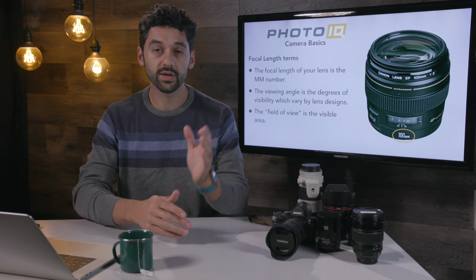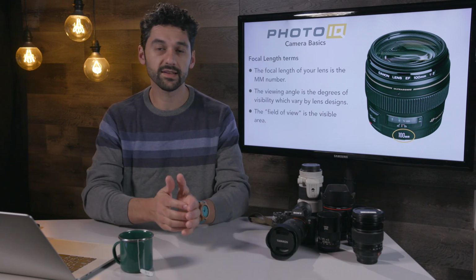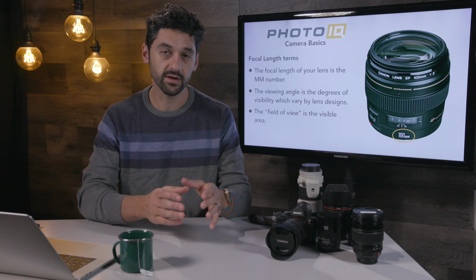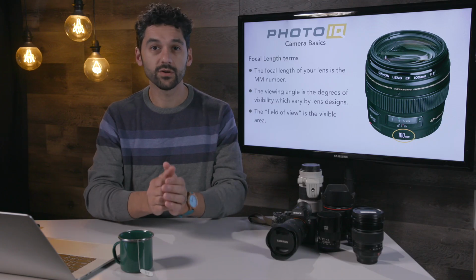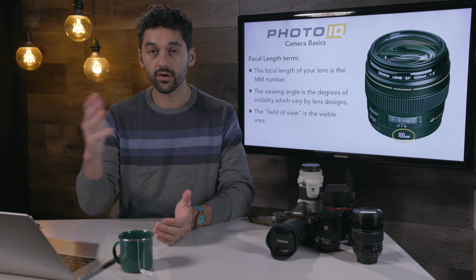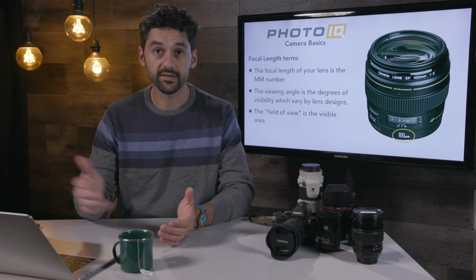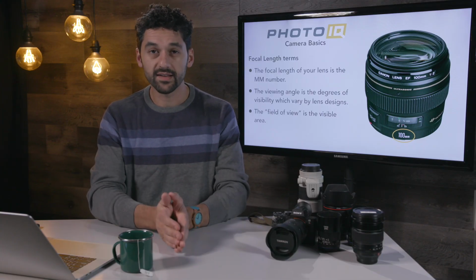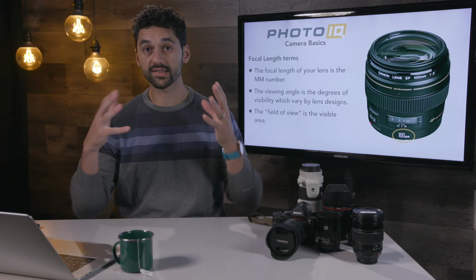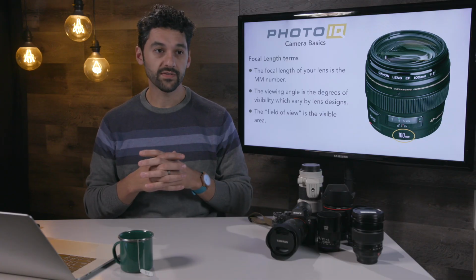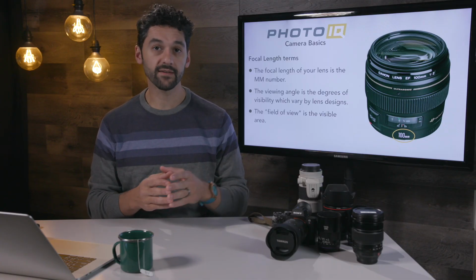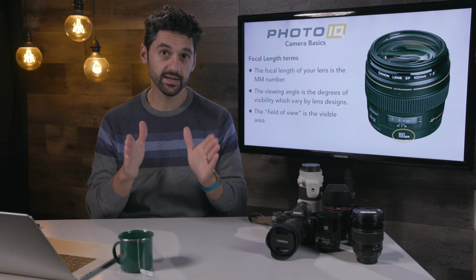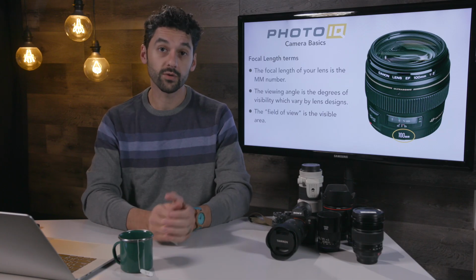Sometimes you can have multiple 50 millimeter lenses made by the same manufacturer with a slightly different viewing angle. And certainly across different brands, Canon, Nikon, Fujifilm, Sony, they're all going to have slightly different designs, and that's going to have to do with the physical size of the lens and other characteristics that may have a slightly wider or slightly narrower field of view or viewing angle.